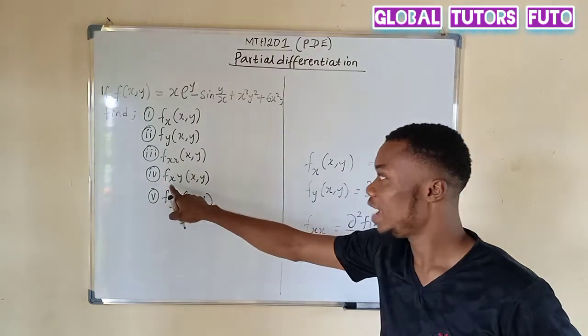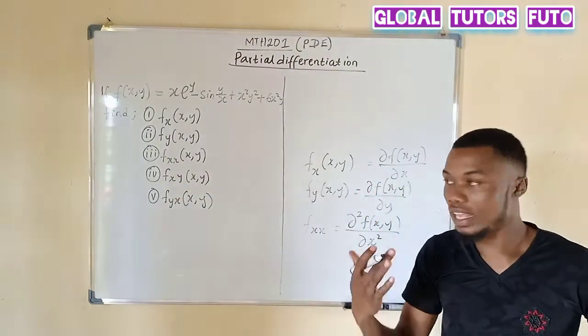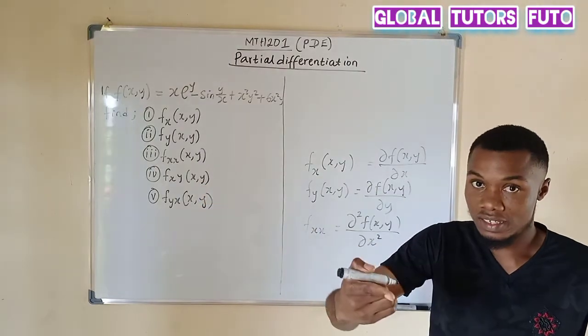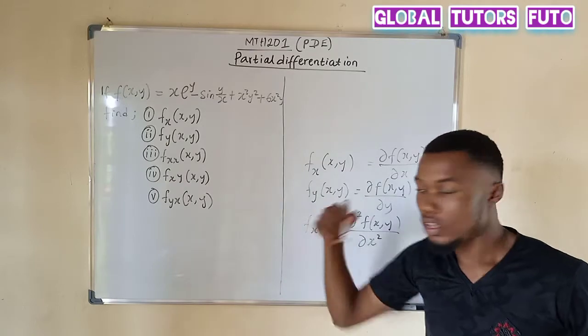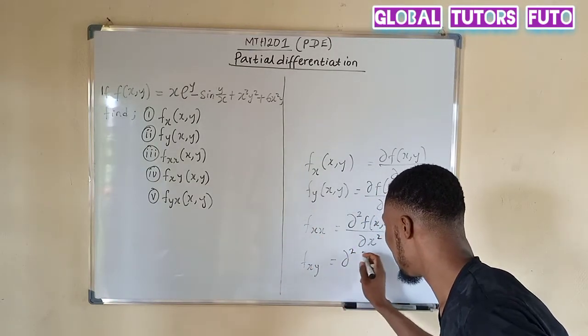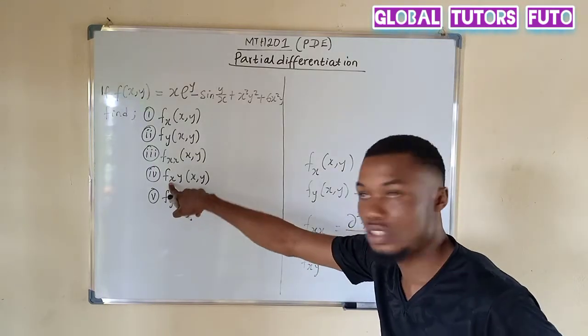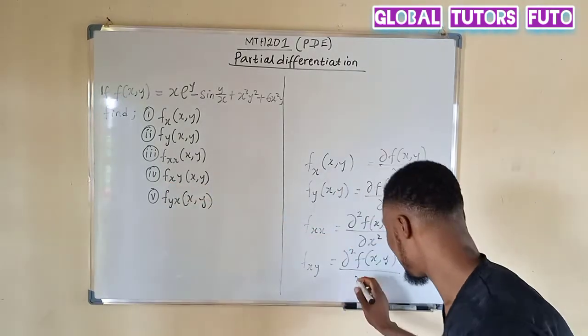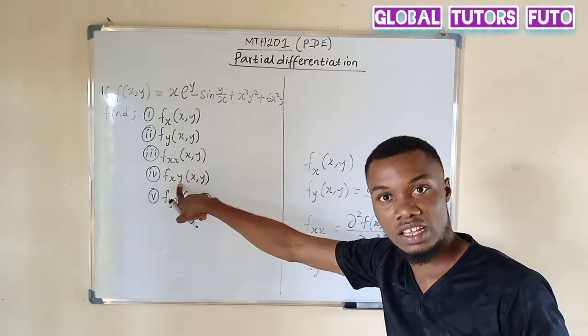Now fxy means you get the first order of the function with respect to x, then now get the second order of that same function with respect to y. So fxy means second order of the function. At first you differentiated with respect to x, now later you differentiate it again with respect to y.